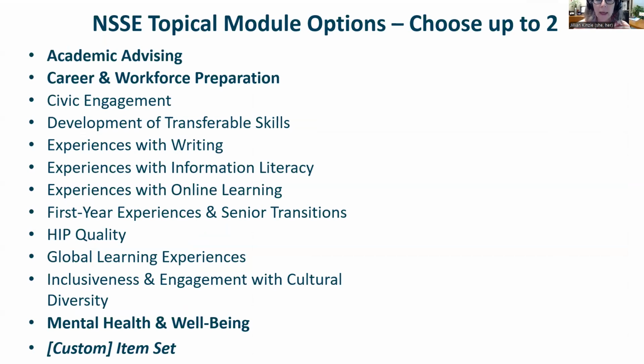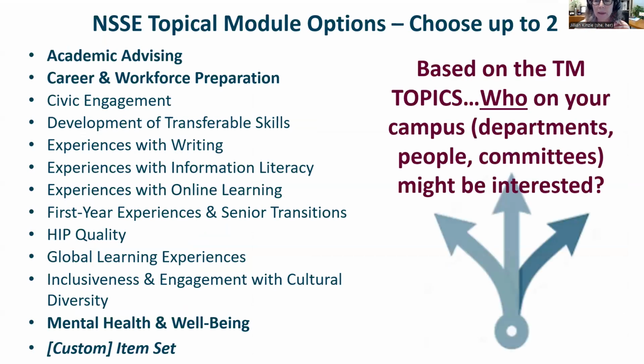So considering in advance who might be interested in these topics, based on the topics themselves, is a really important exercise. This could be something that you might sit down with other staff to say, we have a lot of options. Are there people on our campus who are currently interested in these topics, or is there an initiative on our campus, in a department or perhaps a committee's effort, that might benefit from these results?